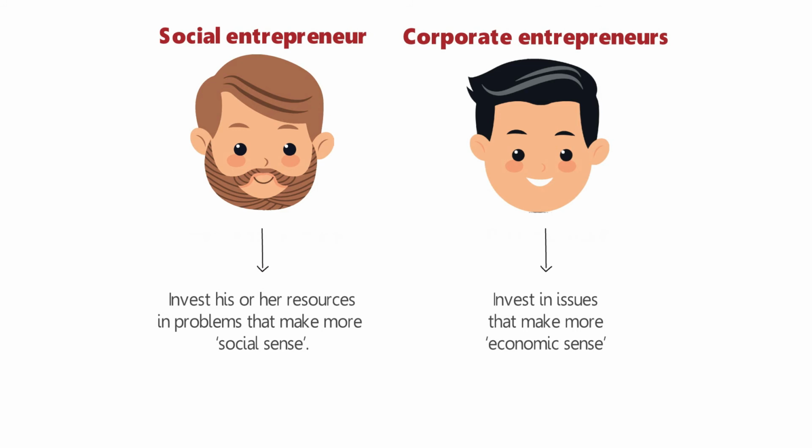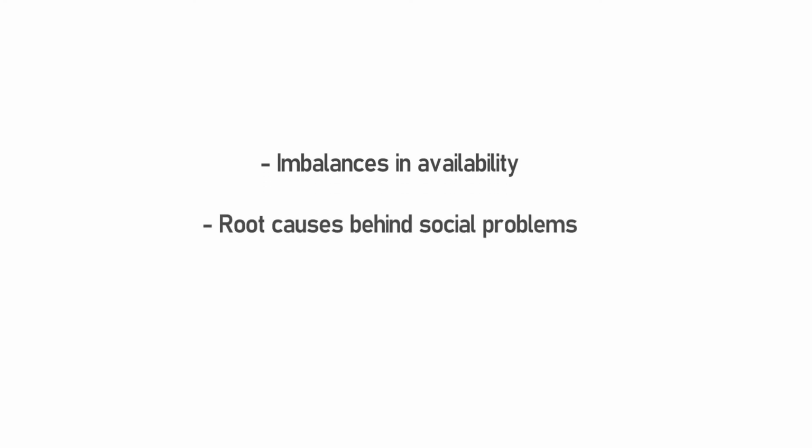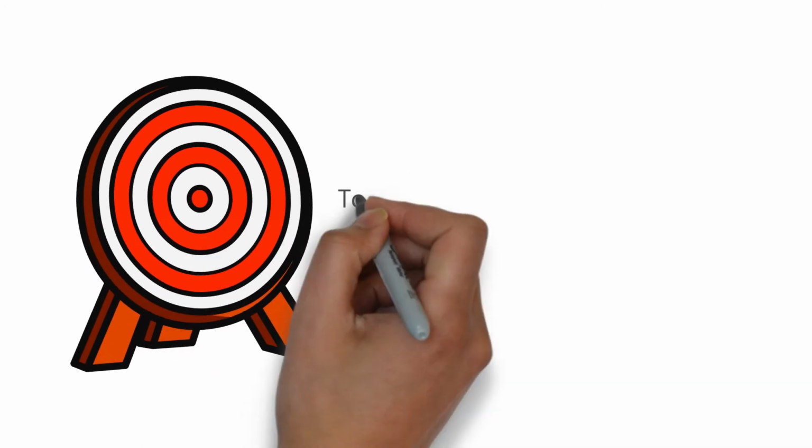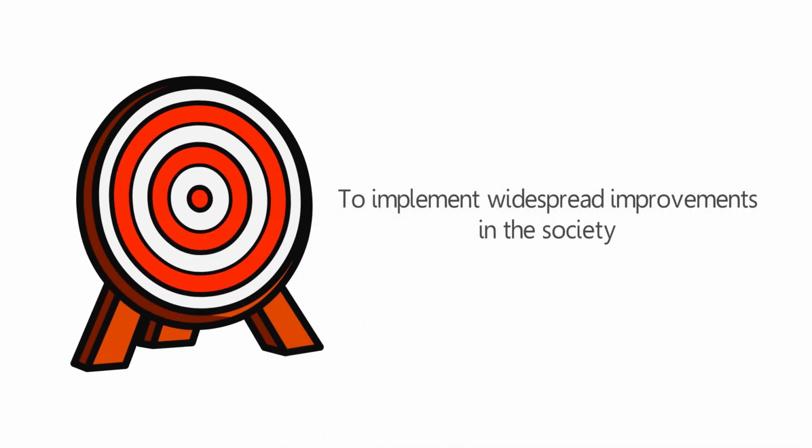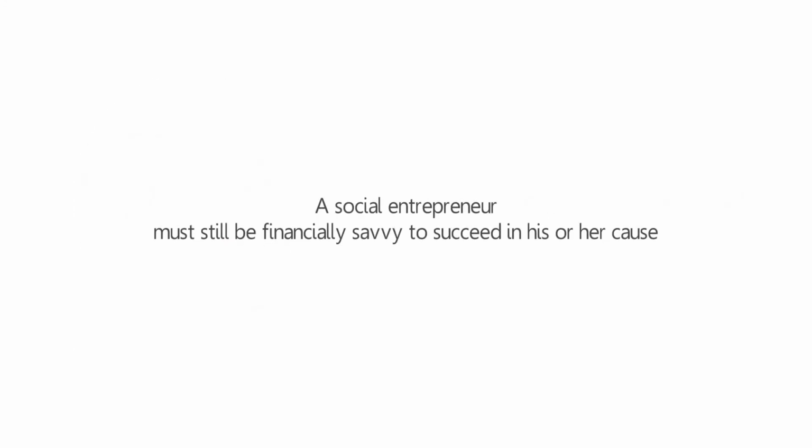A social entrepreneur might also seek to address the imbalances in availability, the root causes behind social problems, or social stigma associated with being a resident of certain communities. The main goal of a social entrepreneur is not to earn a profit, but to implement widespread improvements in the society. However, a social entrepreneur must still be financially savvy to succeed in his or her cause.